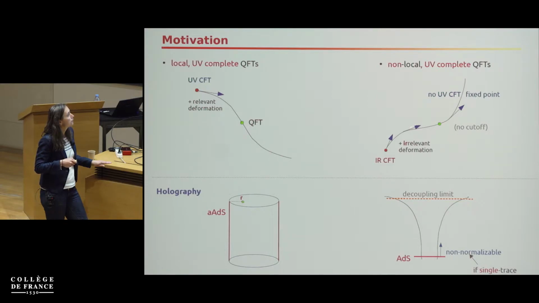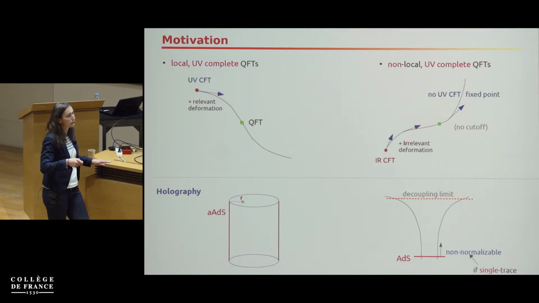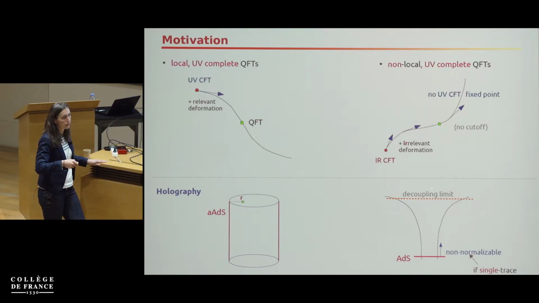However, the fact that the theories along this line are UV complete without introducing any new degrees of freedom means that the geometry here, so I'm not going into full-out string theory in flat space, but there should exist some additional decoupling limit that throws away those modes. But the geometry that I get in this decoupling limit is not going to be anti-de Sitter. It's some non-AdS spacetime, which is dual to this non-local UV complete QFT that lies somewhere along the flow. So that's sort of the holographic picture.